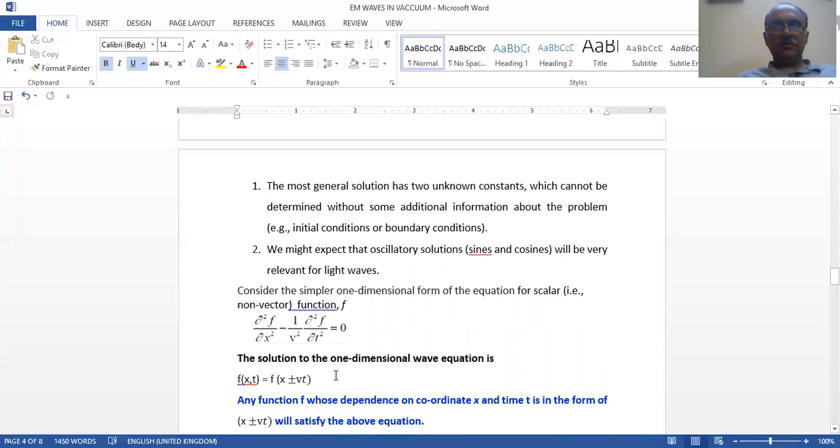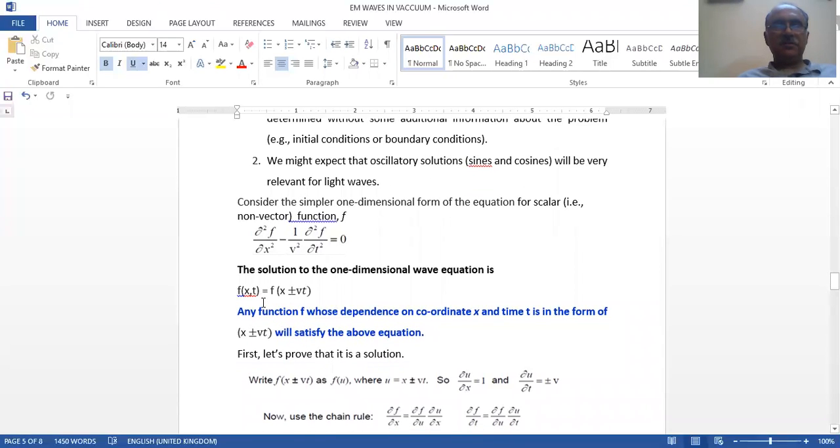The solution to this one-dimensional equation should definitely be of the form of f, a function of x plus or minus vt, where v is the velocity of the wave. x minus vt represents a wave propagating in the right direction, and x plus vt represents a wave propagating in the negative x direction.